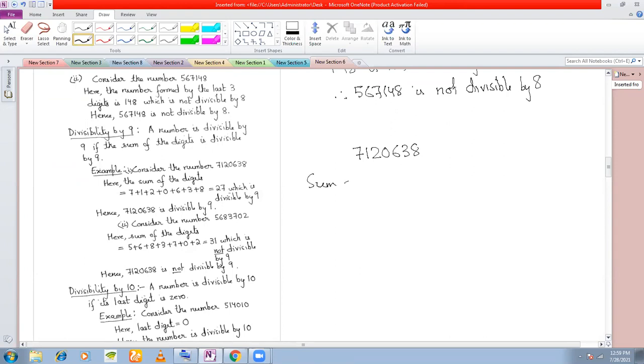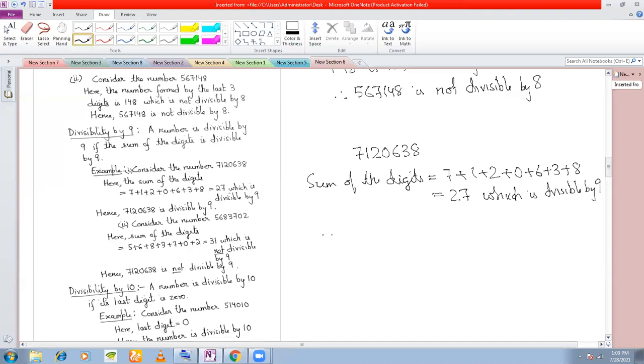So I take the sum of the digits: 7 plus 1 plus 2 plus 0 plus 6 plus 3 plus 8, which you get as 27, which is divisible by 9. Therefore, 7120638 is divisible by 9.